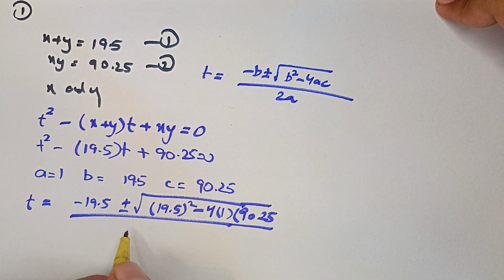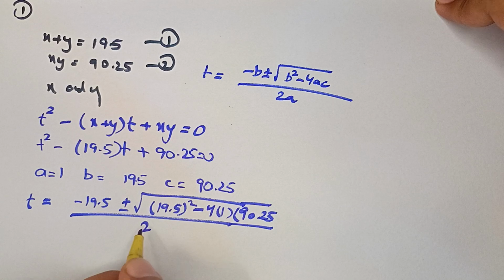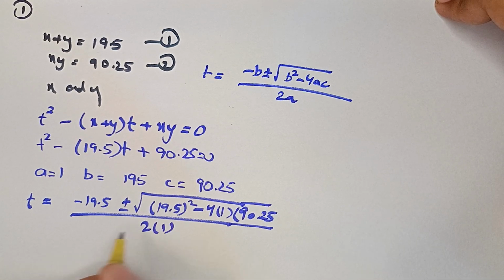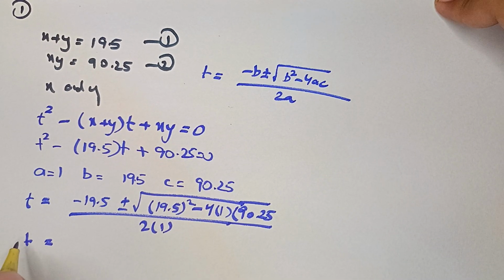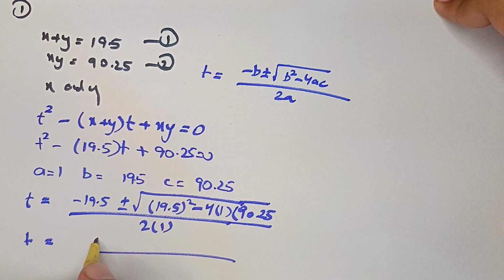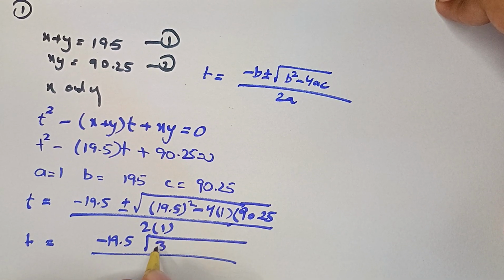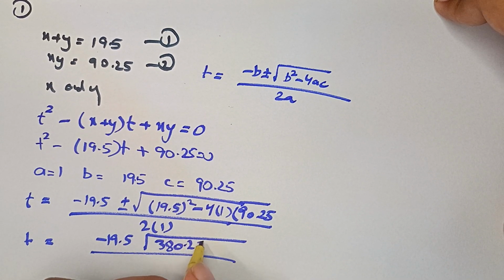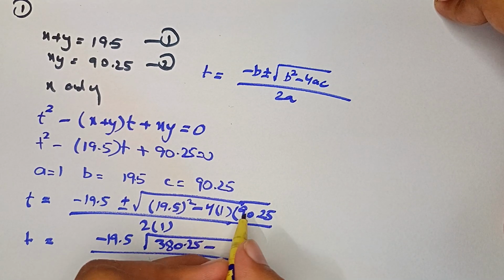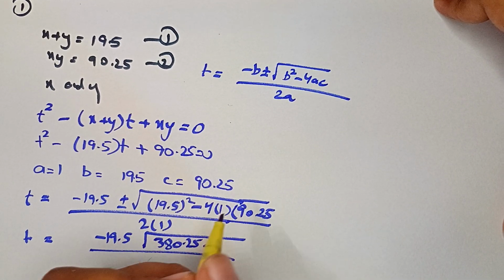At the bottom on the right side it is 2 multiplied by 1. And what is our answer? Minus 19.5 plus or minus the square root of 19.5 squared, which is 380.25, minus 4 multiplied by 90.25.